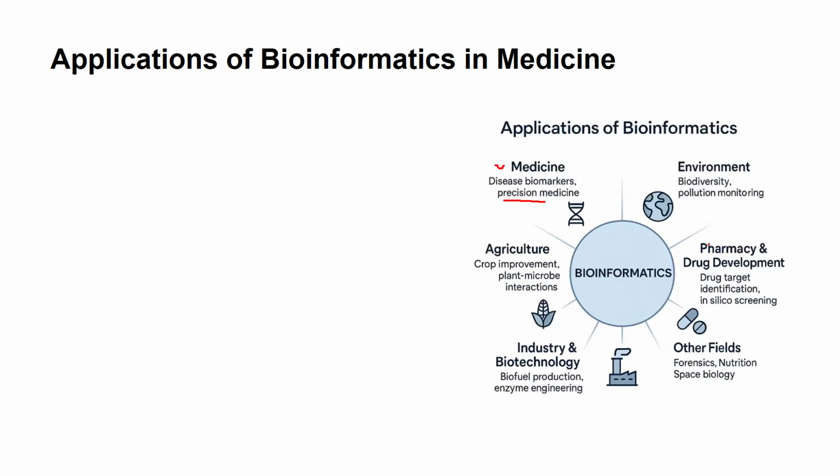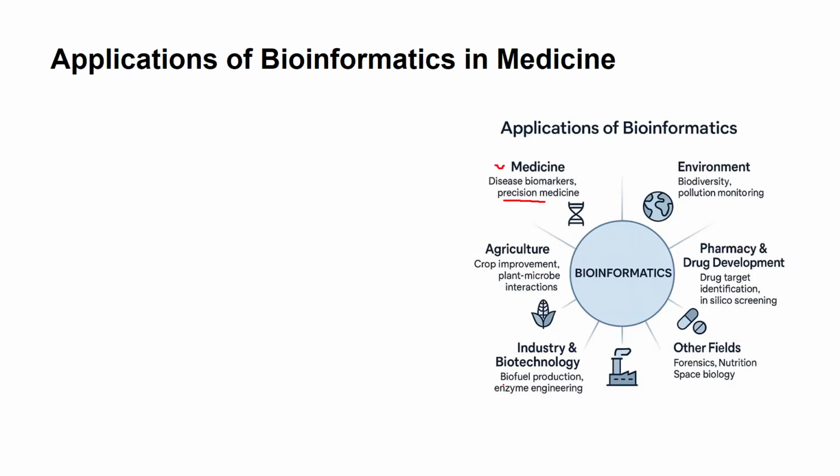It is also very important in a field like pharmacy and drug development, where it helps in drug target identification and also in silico screening. Other fields like forensics, nutrition, and space biology also have bioinformatics playing an essential role.